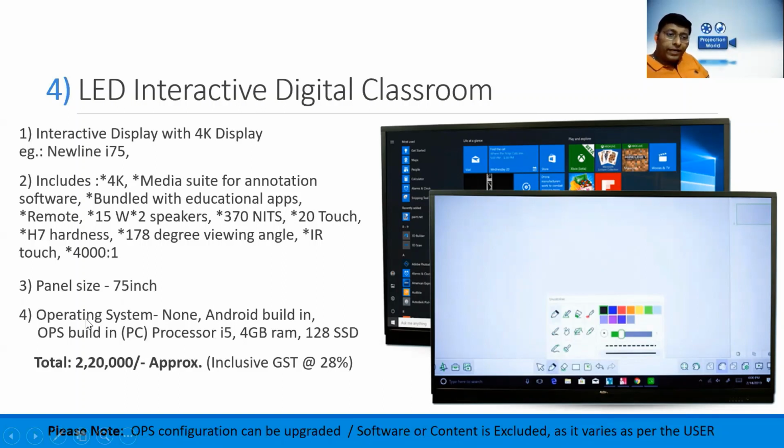And then for the operating system, we have given an OPS, that is a mini PC, with processor i5, 4 GB RAM and 128 SSD. Please note the pricing of this configuration is around 2,20,000 approx, inclusive of GST.